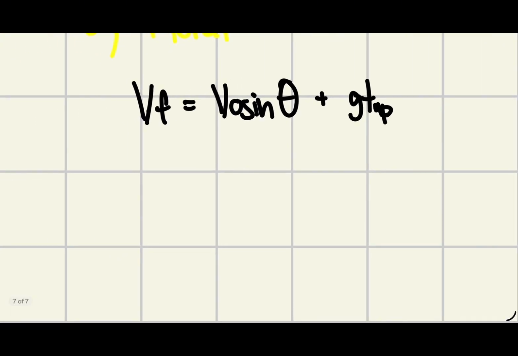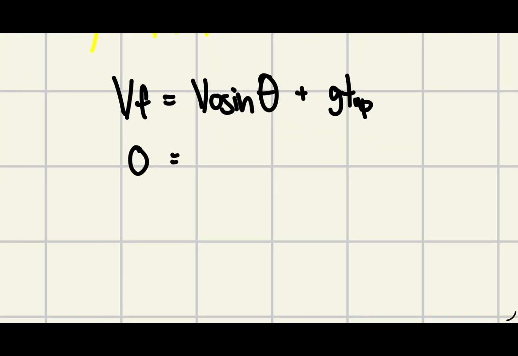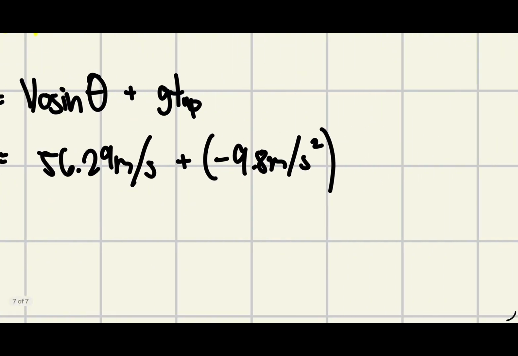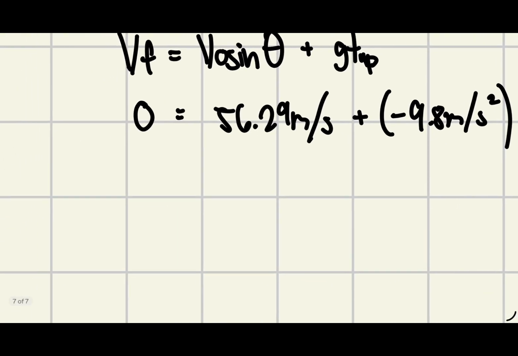Let's say that our final velocity is equal to 0 as the trajectory goes up. Then we substitute 56.29 meters per second plus our gravitational acceleration, 9.8 meters per second squared, multiplied by times going up. Then we isolate times going up.